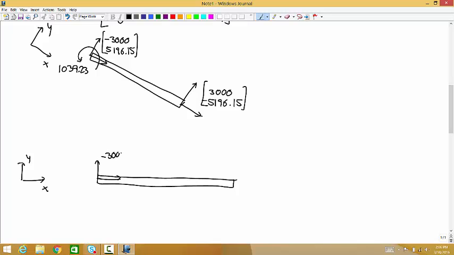Negative 3,000, positive 5196.15. The couple, 1039.23. I have the wrong decimal here, that should be 0.15. And then over here, equal and opposite, so positive 3,000, negative 5196.15.